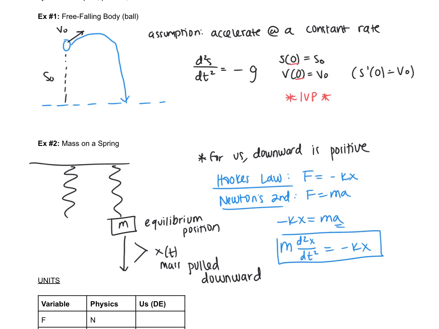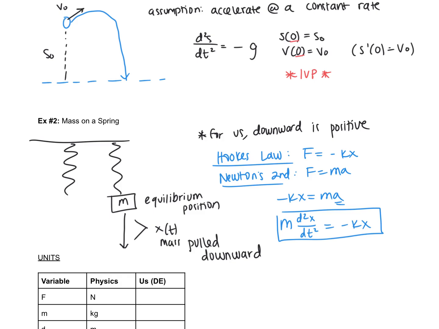Now, there's a few different ways that this might be written. Sometimes we're going to want to get this set equal to 0, so it might be written as m times the second derivative of x with respect to t plus kx equals 0. Sometimes you're going to want to get a lead coefficient of 1.